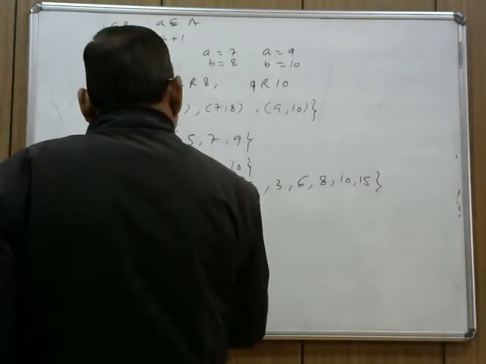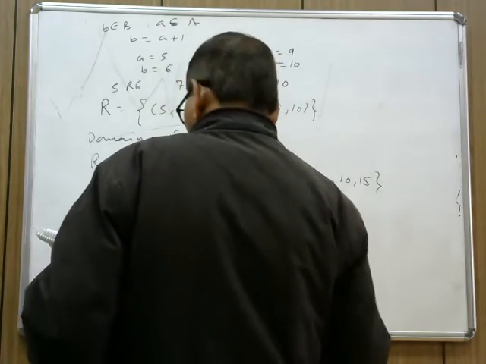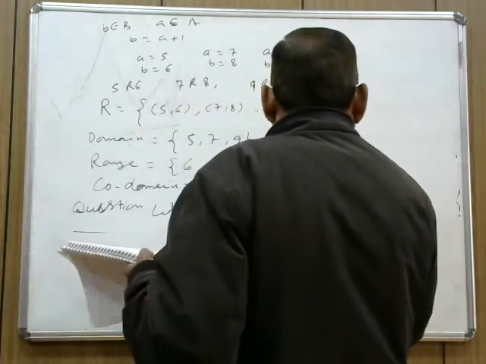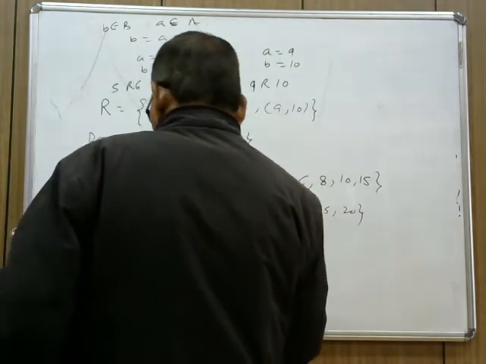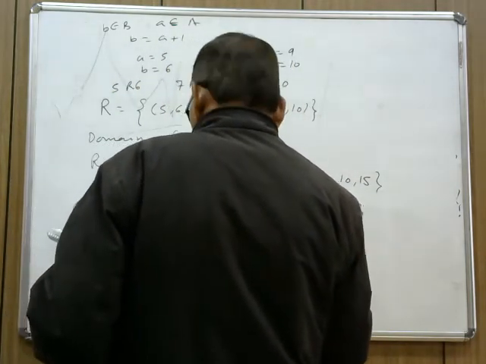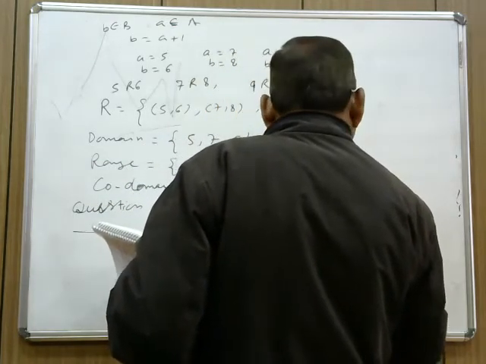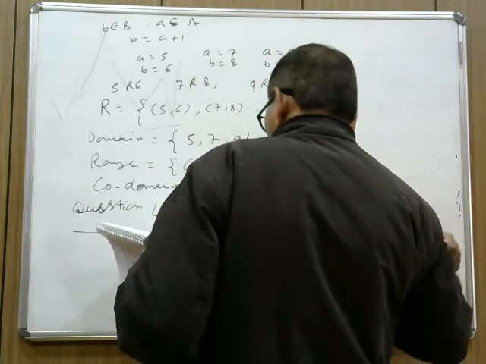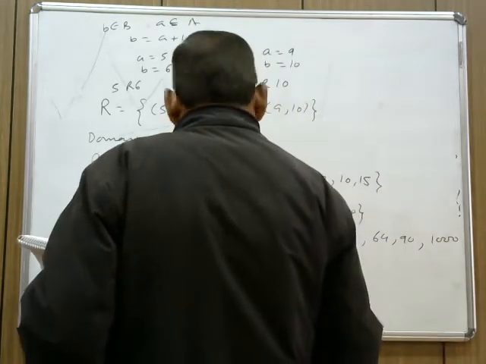Let set A equal to {3, 5, 10, 15, 20}. Set B is equal to {10, 20, 27, 50, 64, 90, 1000, 2000}.